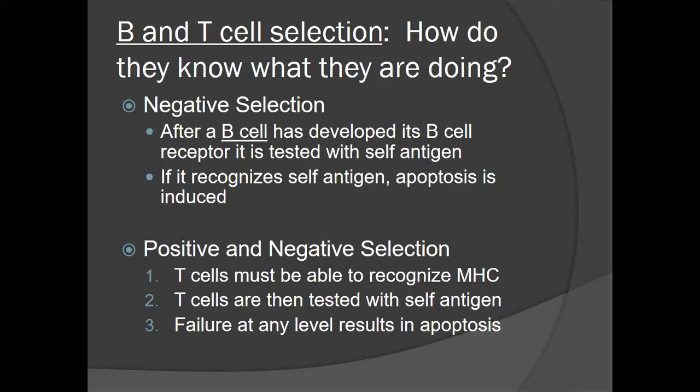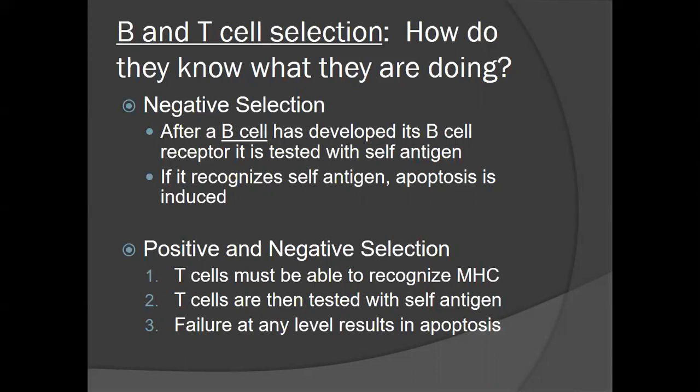Without that interaction, it doesn't matter if it's a pathogenic antigen or a host antigen. If those receptors can't interact, then we don't have a functional cell. So that's the first test: can a T cell receptor interact with an MHC receptor? We call that positive because you actually want those to link.